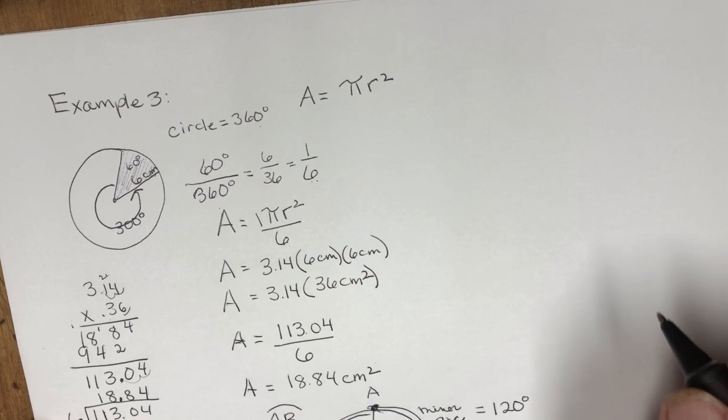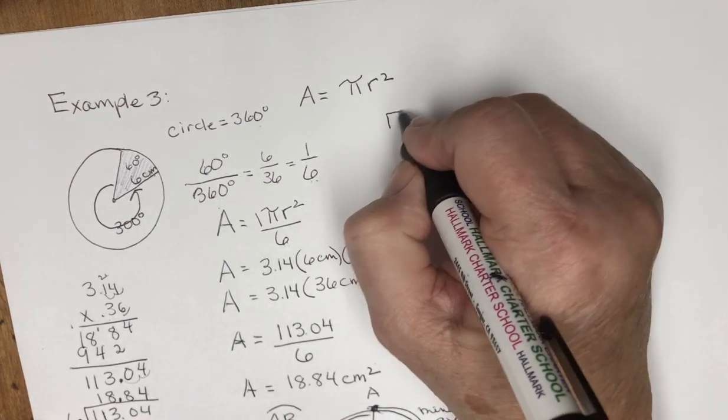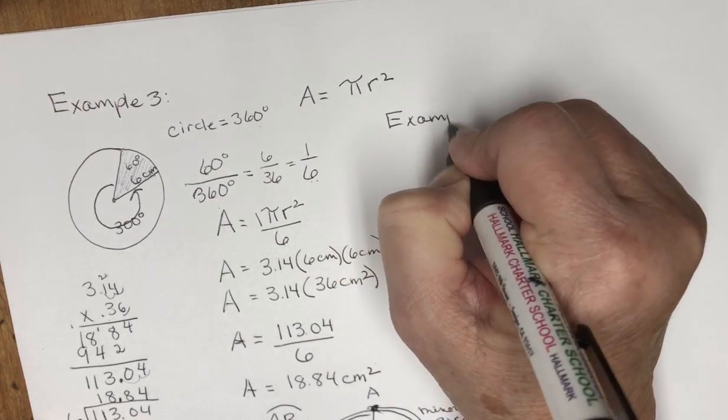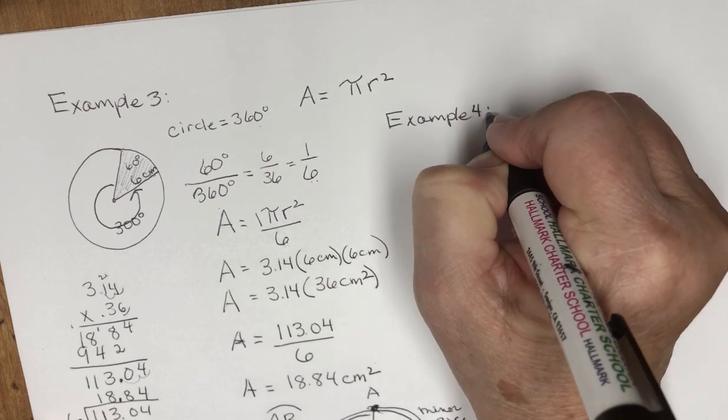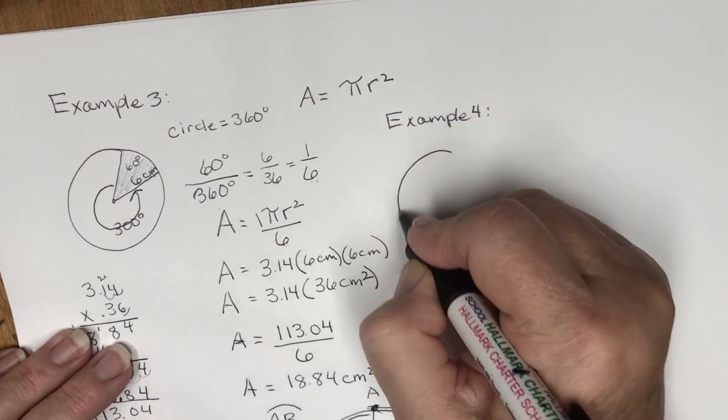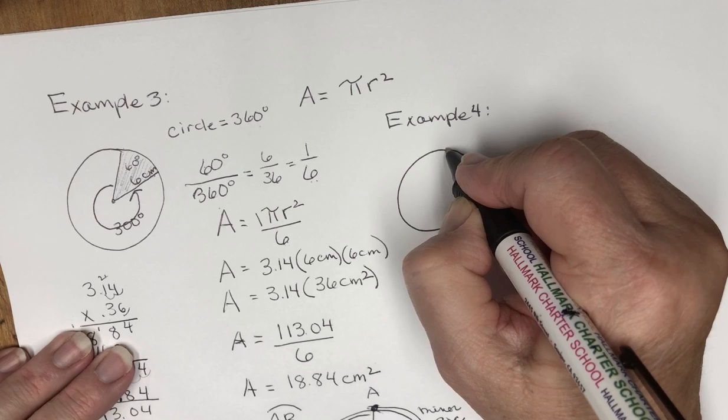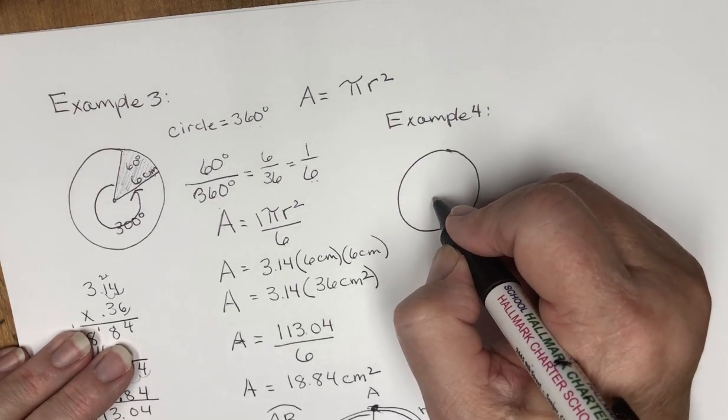All right, let's look at example 4. We have a circle. There is a center point.